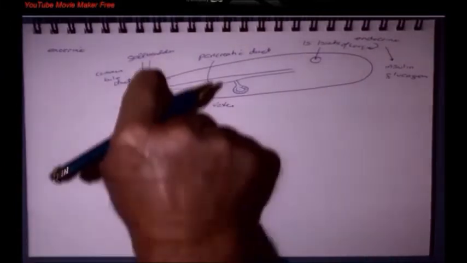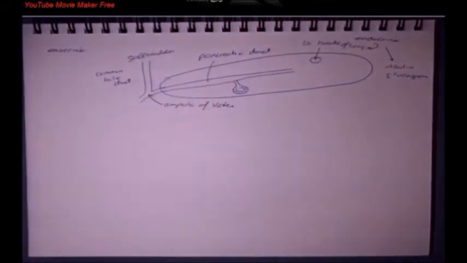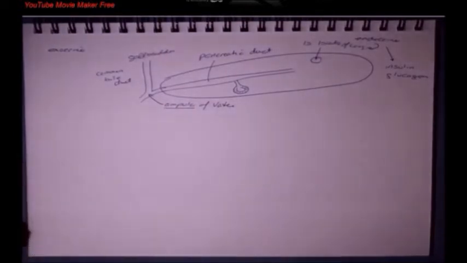also called the hepatic or hepatopancreatic duct, because it's the joining of the drainage from the common bile duct and the pancreatic duct. Now, ampulla, remember what ampulla means? It's like a vestibule. Oh, you're all too young, that's right.